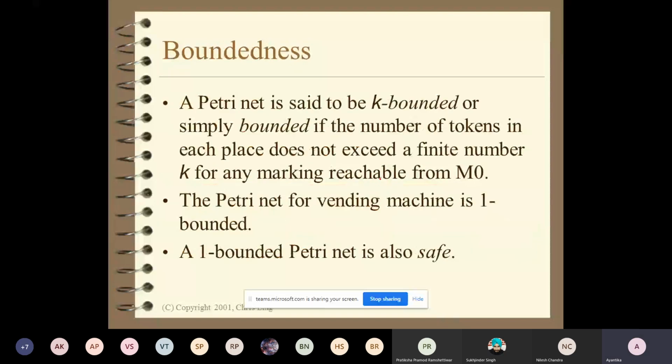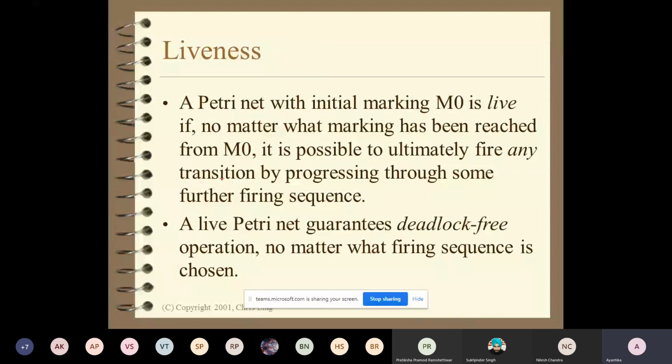Next is boundedness that we have already talked about. A Petri net is said to be k-bounded or simply bounded if the number of tokens in each place does not exceed a finite number k. So k is the bound of that place. Next is the liveness. This is the formal definition of it. The Petri net with initial marking M0 is live if, no matter what marking has been reached from M0, that means wherever M1 and so on are defining different states of your tokens, right?